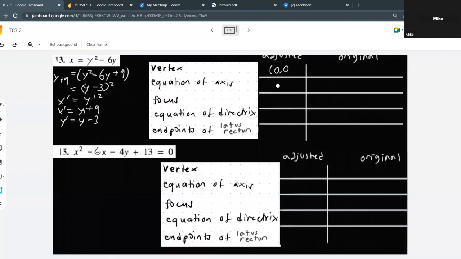Ito pala yung focus. Tapos x prime, everything on that column should be in terms of primes. So dapat yung equation of the directrix is x prime equals negative 1/4.